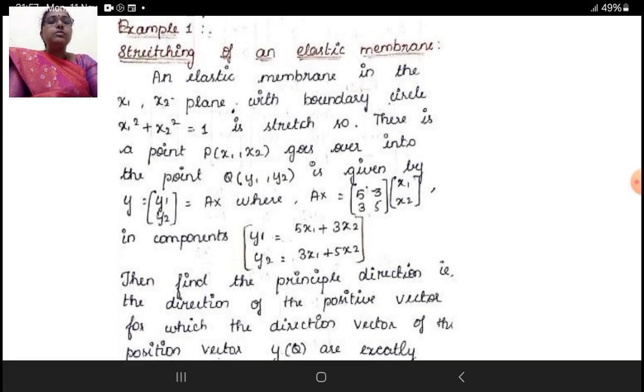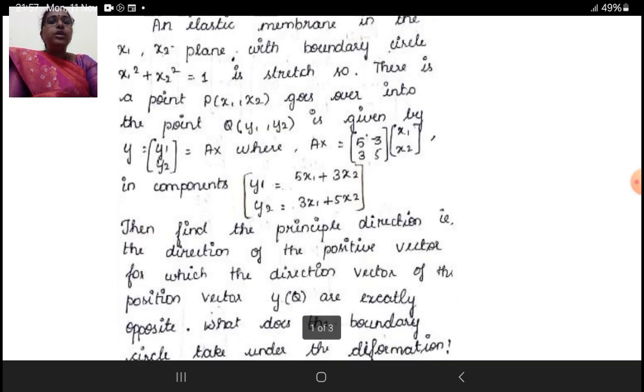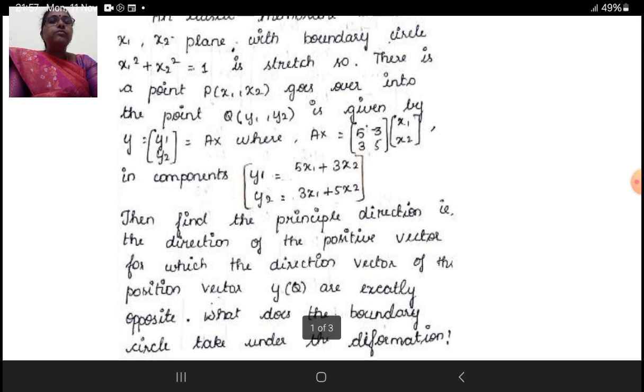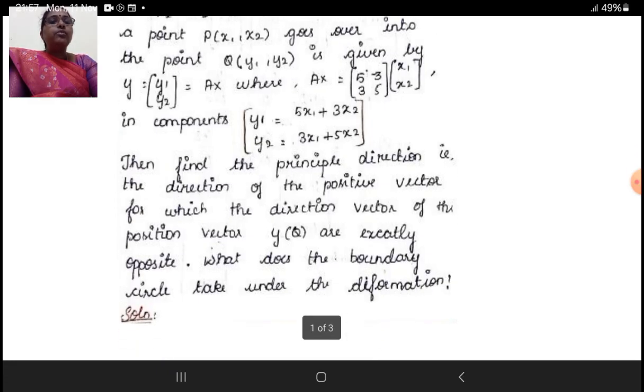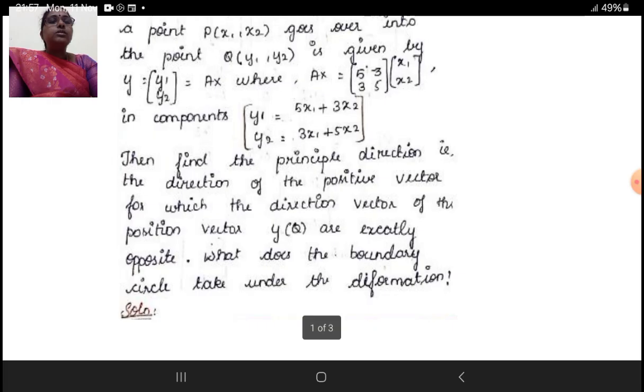So a point P of (x1, x2) goes over into the point Q of (y1, y2), given by y equal to Ax, where A is the matrix [5 3; 3 5] times (x1, x2). In components, y1 equal to 5x1 plus 3x2, y2 equal to 3x1 plus 5x2.